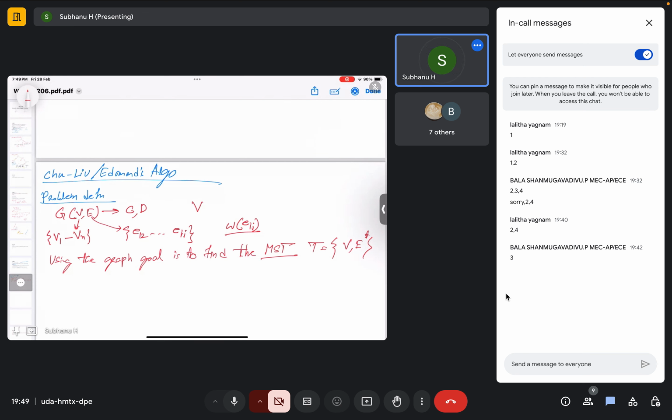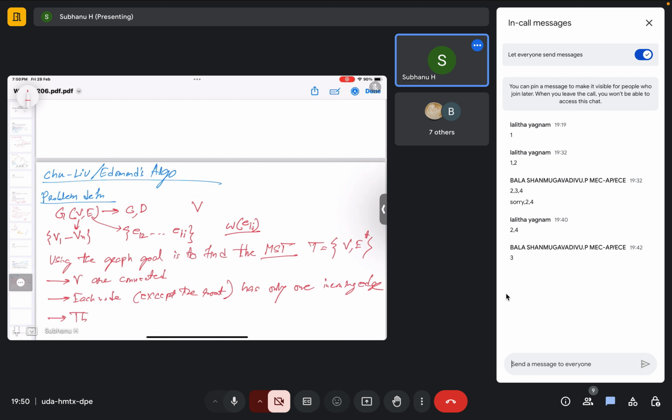So what should be the condition here? V are connected and each node except the root node has only one incoming edge.